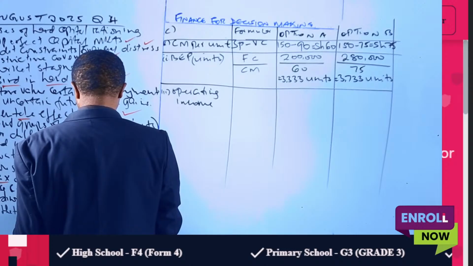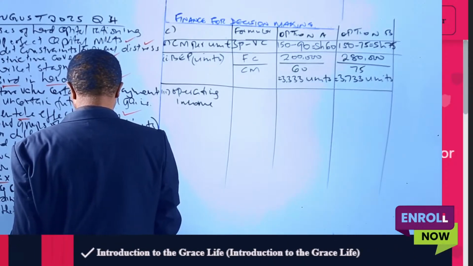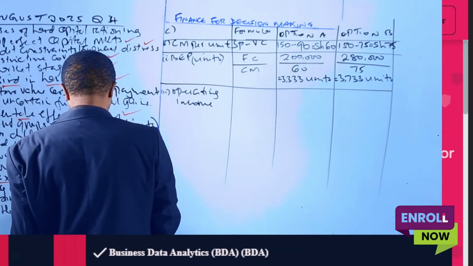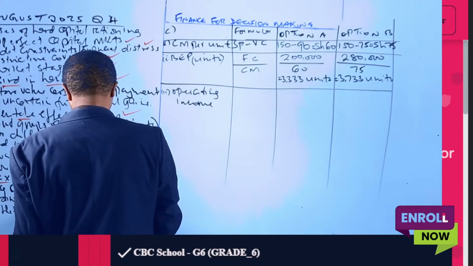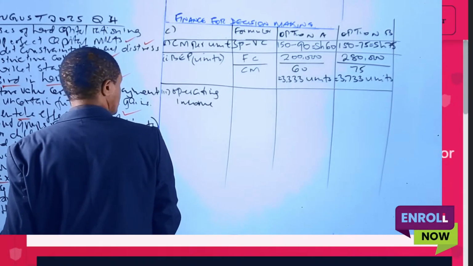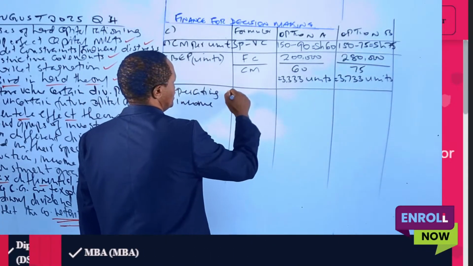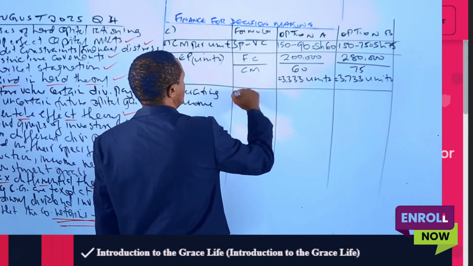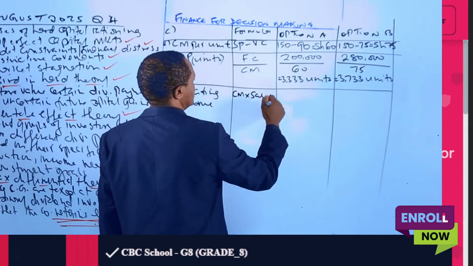So we will determine our operating income by using the expected sales. We multiply the contribution margin per unit times the expected sales, then we deduct the fixed costs.